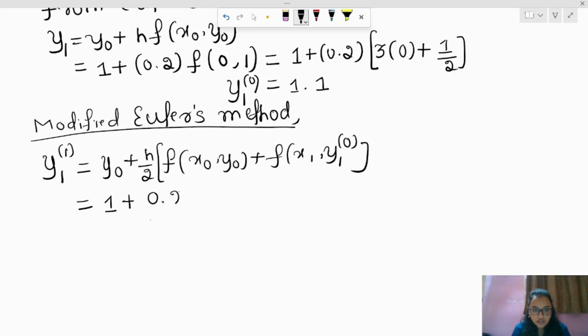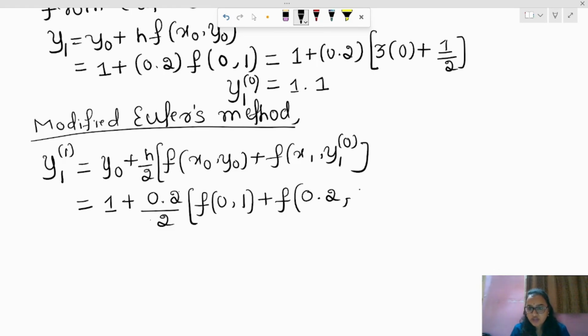The h value is 0.2 divided by 2, in the formula, multiplied by f of x0 comma y0. x0 is 0, y0 is 1, plus f of x1 comma y1 at 0 approximation. Since the initial value is 0 and we have a common difference of 0.2, my x1 will be 0.2, and y1 at 0 approximation we got as 1.1 by using Euler's formula.